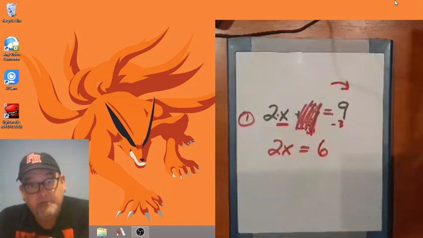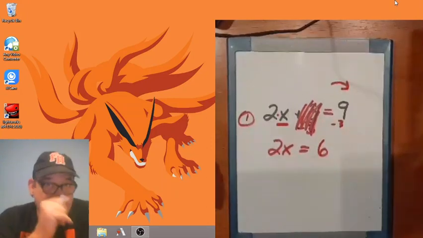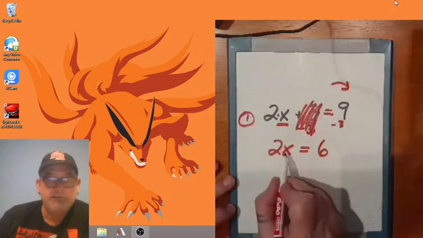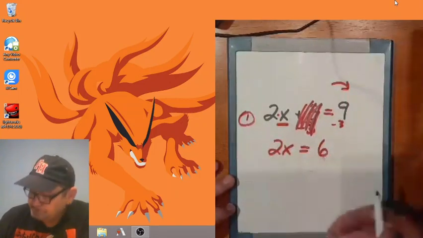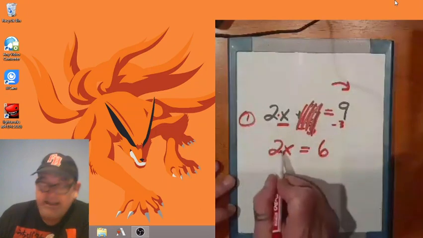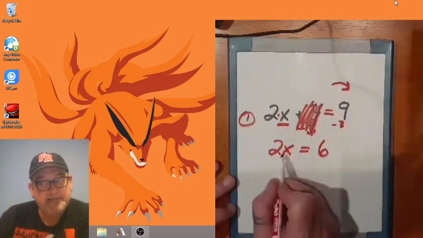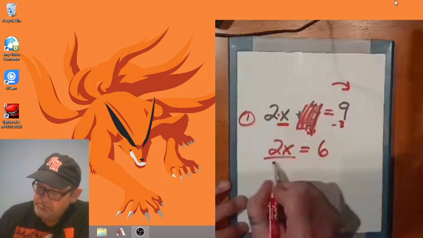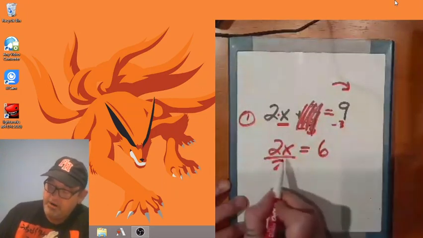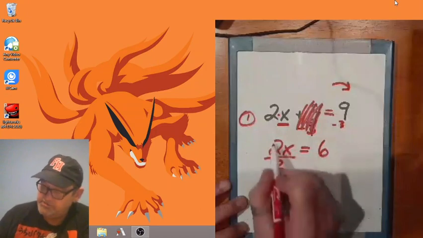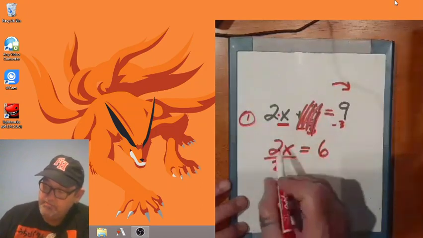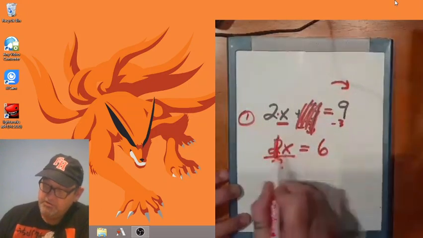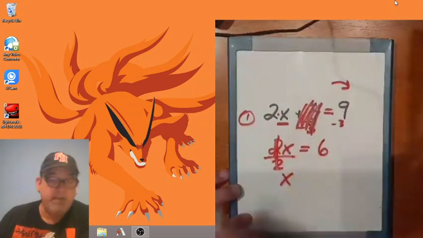Now I'm left with just a 1-step equation, which we did yesterday, because my remaining part here is 2 times x equals 6. How do I get rid of the times 2 part? Because I want x by itself. We do the opposite of times 2. We divide by 2. So don't forget that fraction bar also means divide, right? So it's 2 divided by 2, and 2 divided by 2 is 1, which leaves me with just 1x, which is just x.